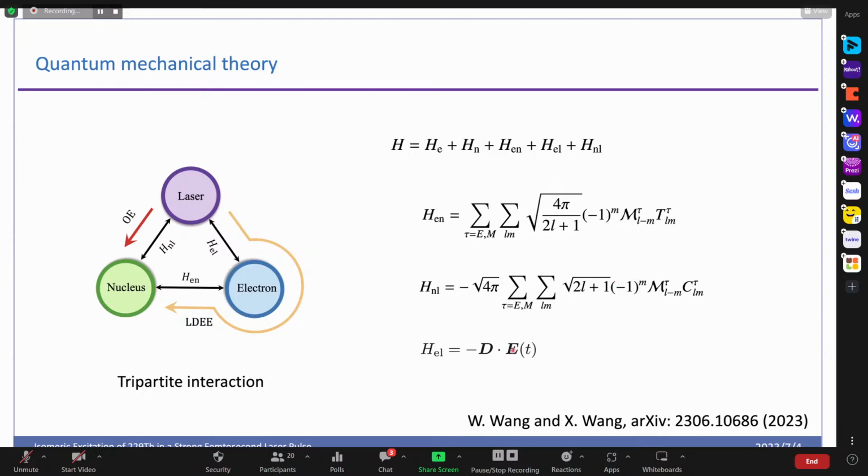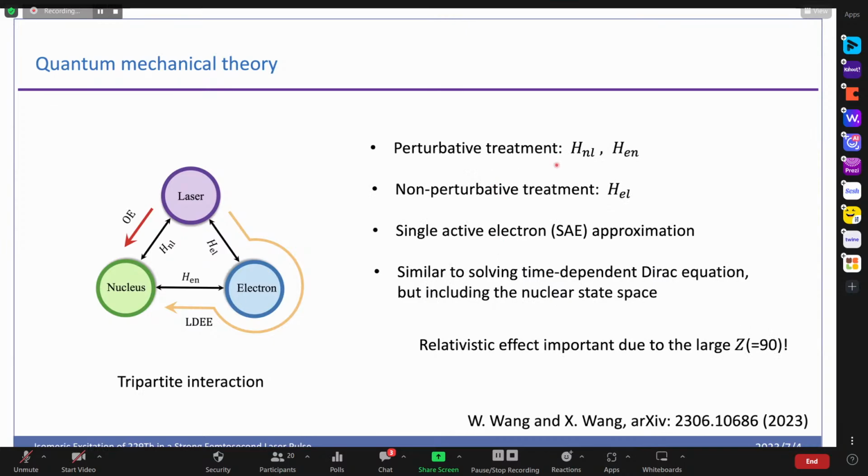Basically, we can use perturbative treatment for the nuclear-laser coupling and electron-nuclear coupling, but we have to use non-perturbative treatment for the electron-laser coupling because this is very strong. And we use a single active electron approximation for each electron.